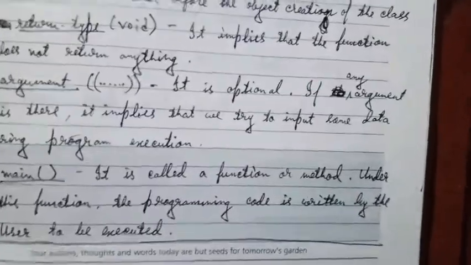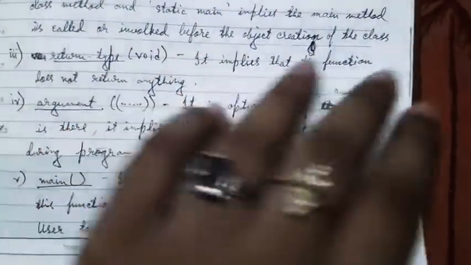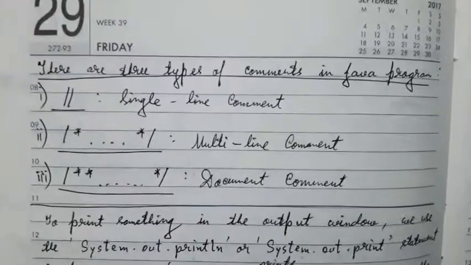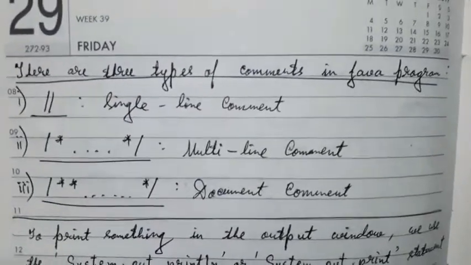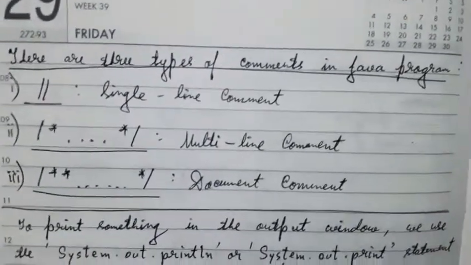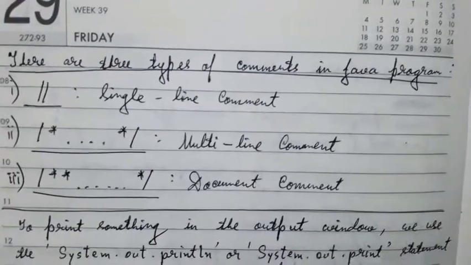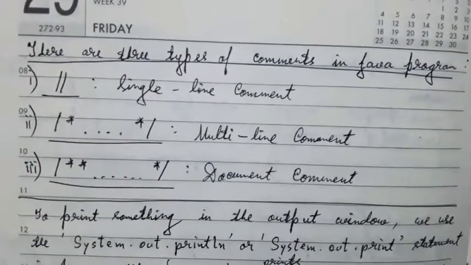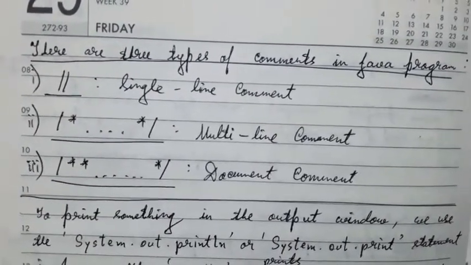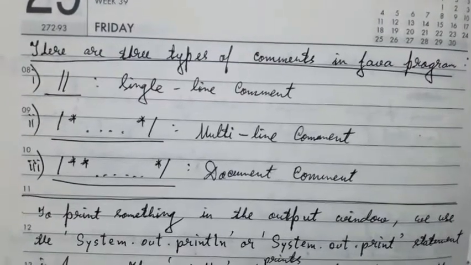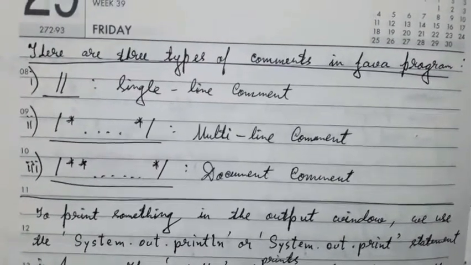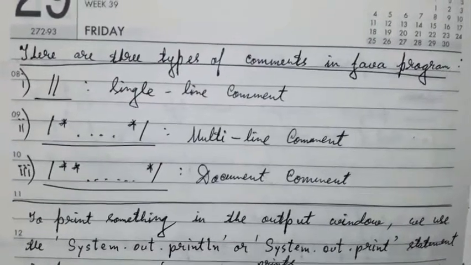Fine. Now the next topic: comments in a Java program. There are actually three types of comments in a Java program. The first one is called a single line comment. The second one is called a multi-line comment, and the third one is called a document comment. What is a comment?